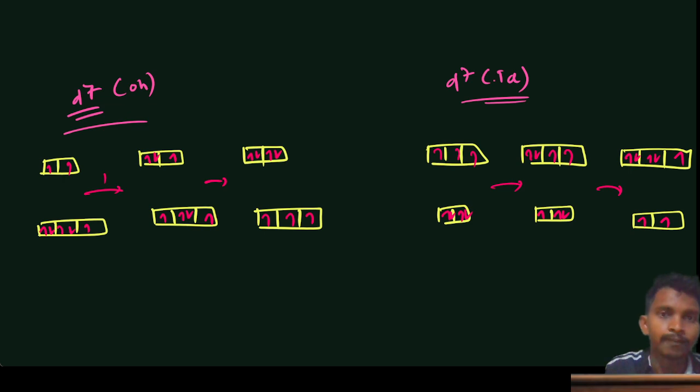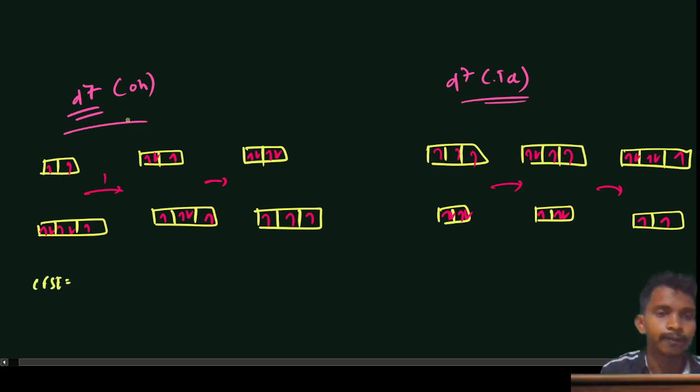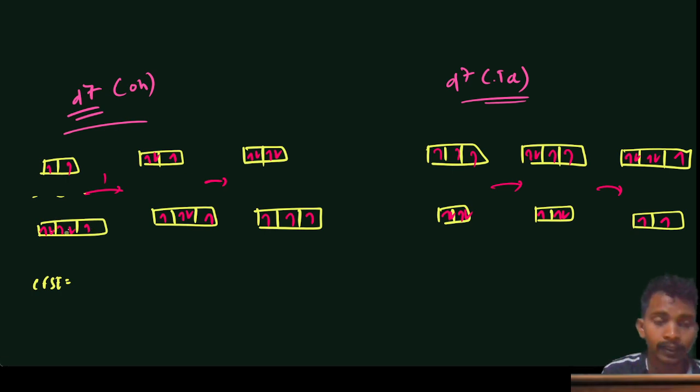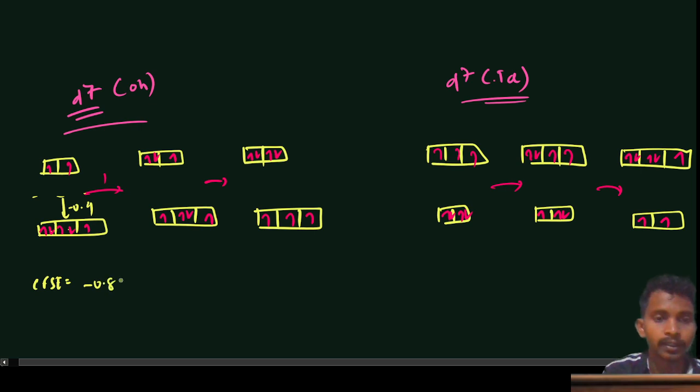Now calculate the CFSE values for the case. For the CFSE value, here all are fully filled, and here there are 2's, so this is negative, minus 0.4, so that will be minus 0.8 delta naught for this case.